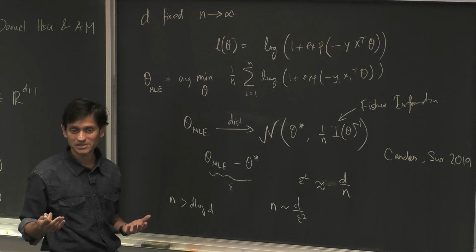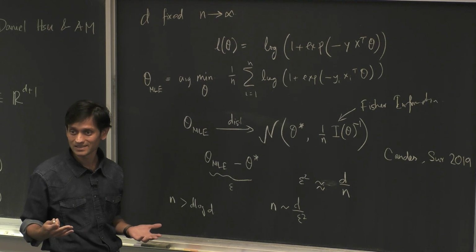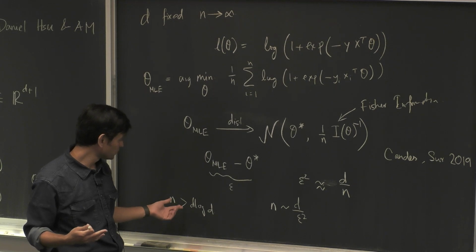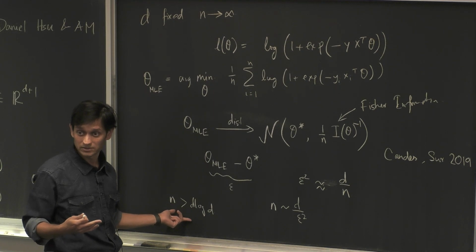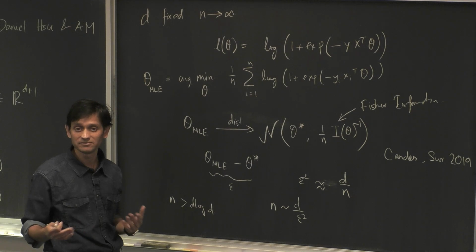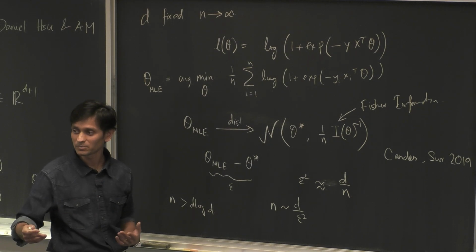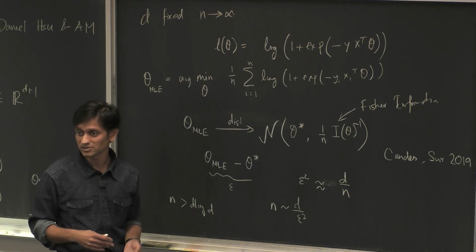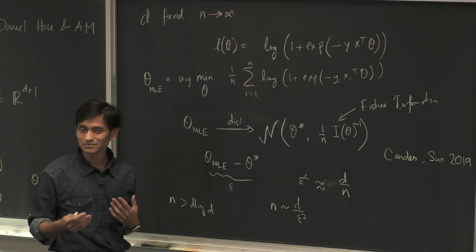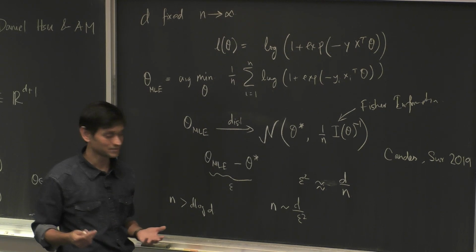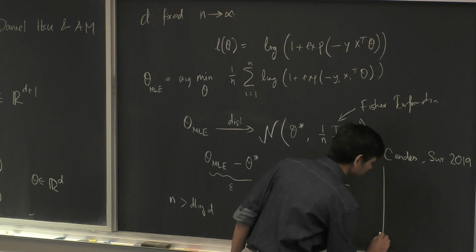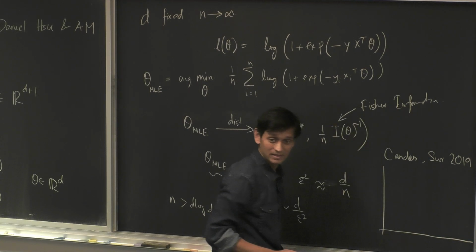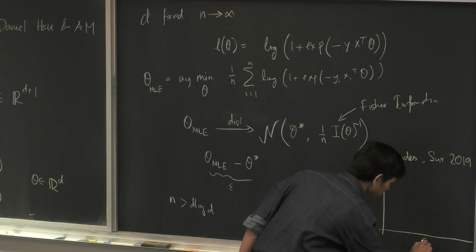This maximum likelihood estimator may not always exist in the regime where n is proportional to d. So even if you have n to be 5d, which means you have 5 times as many samples as d, it is not necessary that the maximum likelihood estimator exists. So they basically gave a diagram of when the MLE exists or not. On one hand, you have d over n.